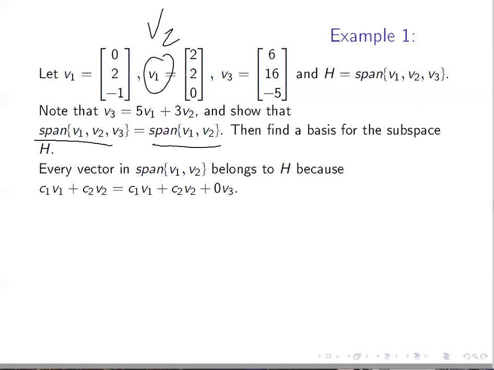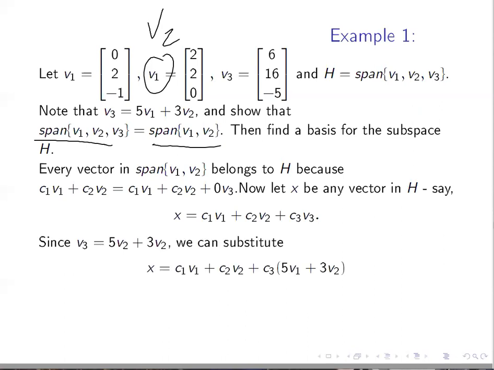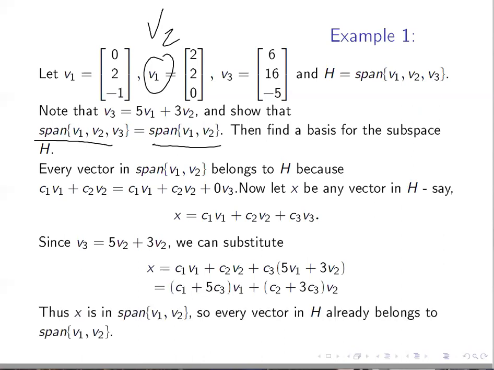And because v1 and v2 already span everything, since we've just shown that the span of v1, v2 is equal to the span of v1, v2, and v3, all of this is just to show that v1 and v2 still span the whole thing. So they're a potential basis as long as they're linearly independent.